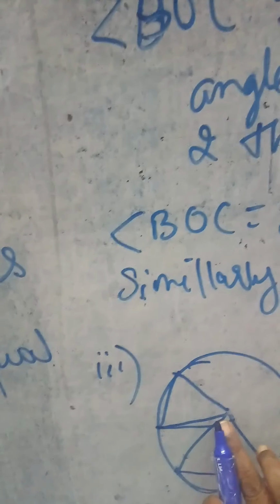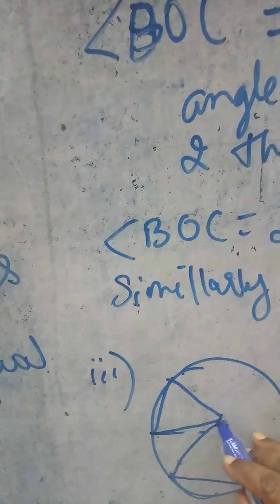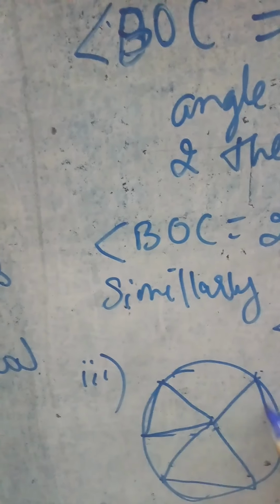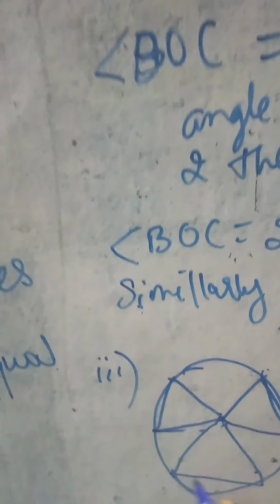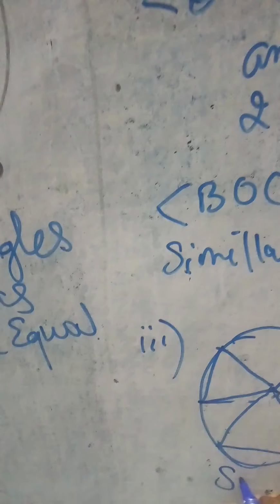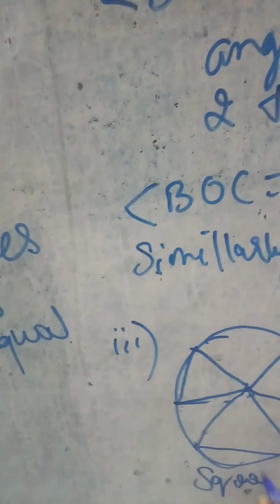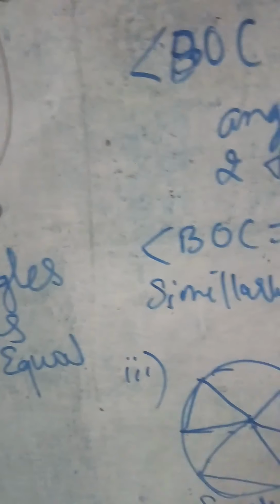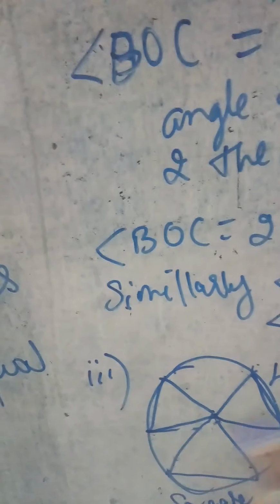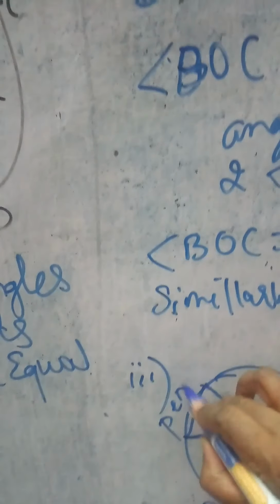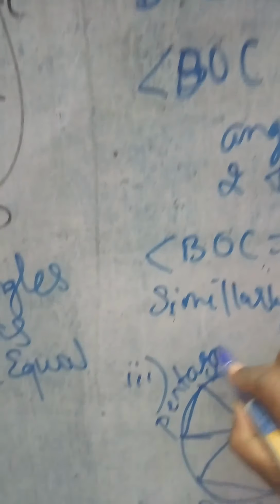Then a side of a pentagon. Three things here: one is a square, here it is a hexagon, and here it is a pentagon.